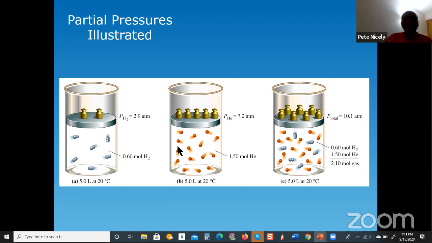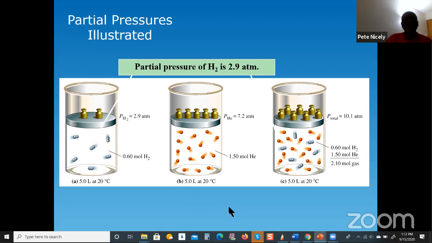Here we have helium, same volume and temperature, but the pressure is 7.2 and the number of moles is 1.5 for helium. So if you were to add these two together with the same volume and temperature, you're going to end up with this situation. And you'll notice here that the total pressure is the sum of the 7.2 and the 2.9. And of course, the total moles would be the sum of the 0.6 and the 1.5 moles, right? So that's basically what Dalton's law is saying, all right?